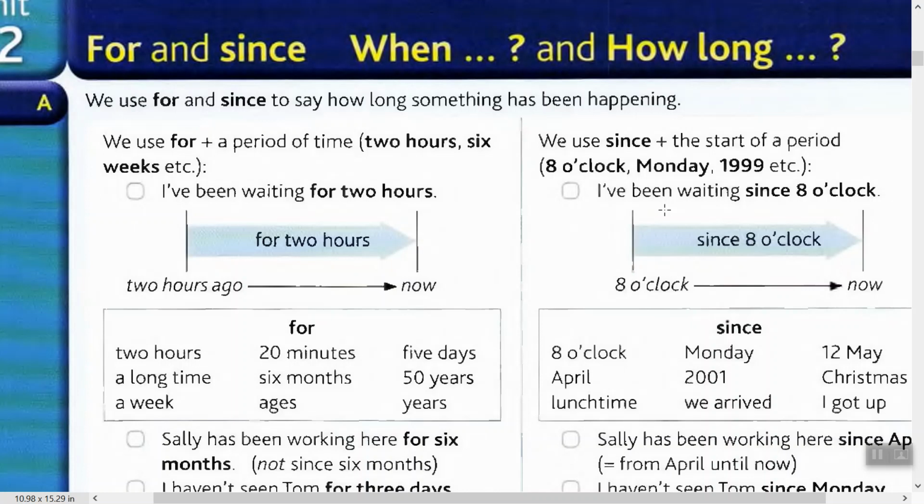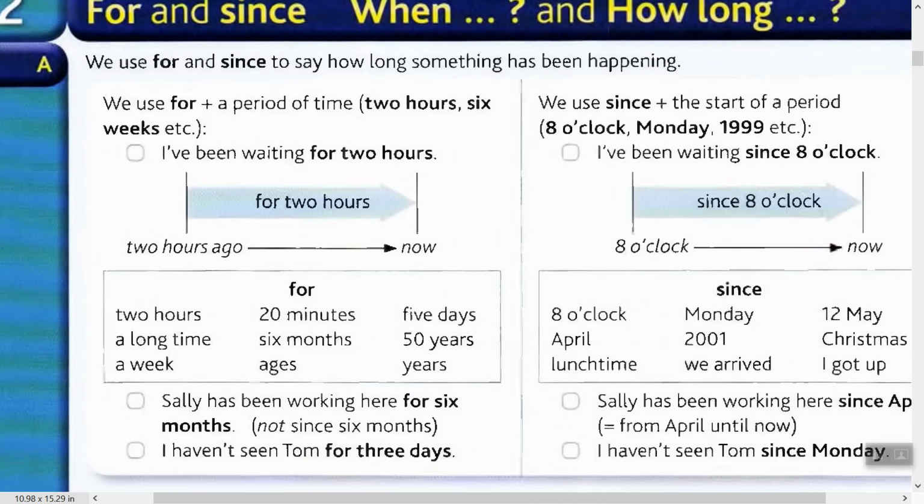But when you have the beginning, the start of a period of time, we use what? We use since. For example, I haven't seen my friend since 12 May, since April, since lunchtime, since morning.